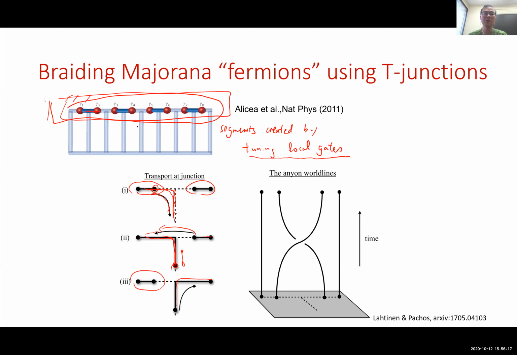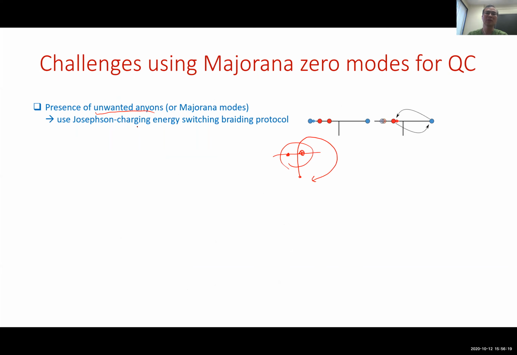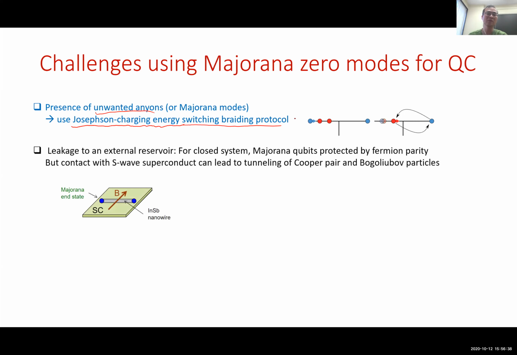In this particular case, there is a proposal that instead of the gate, you use charging energy, in terms of Coulomb interaction, to do the braiding. I don't want to talk about the details because there might be other problems, but this is one example of how people solve the issue.